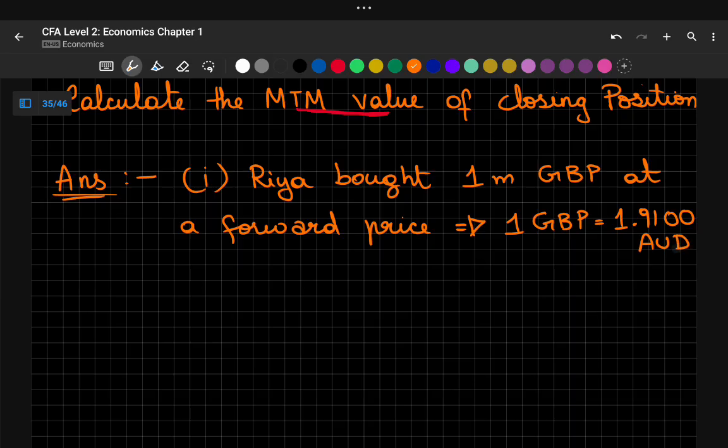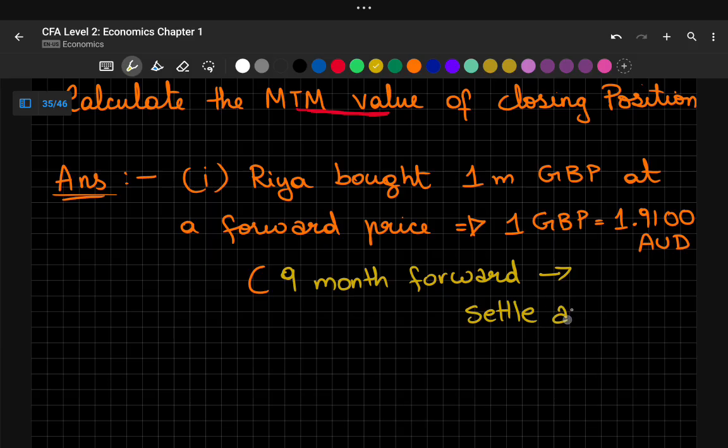And when would this settle? It is a 9-month forward contract, that is, it will settle after 9 months. Ria will be buying it at this price after 9 months.